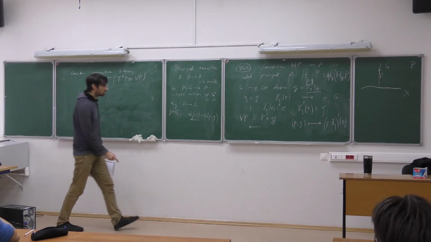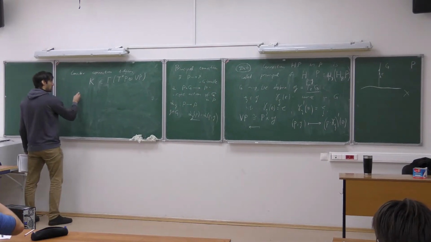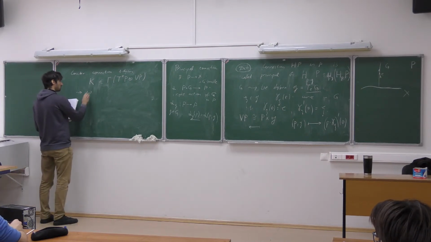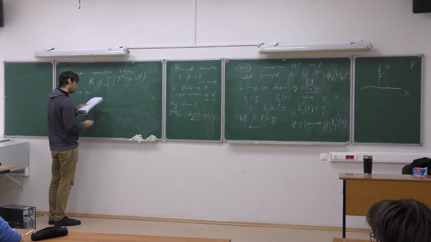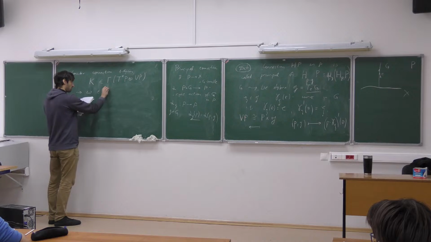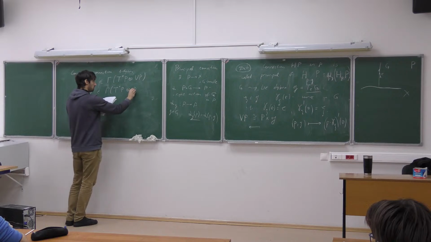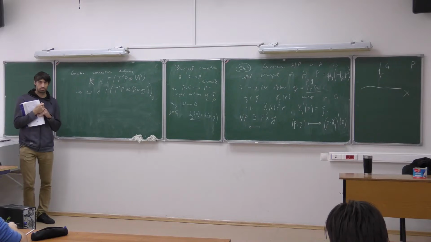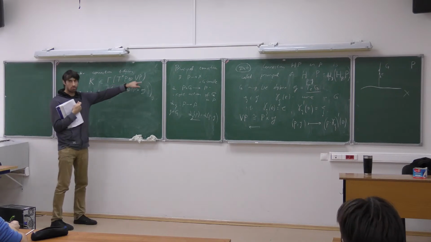Then, since I have this isomorphism, I get some form omega, which is a form in gamma of T star P tensor P times g. Well, this is actually gamma of this tensor gamma of this.